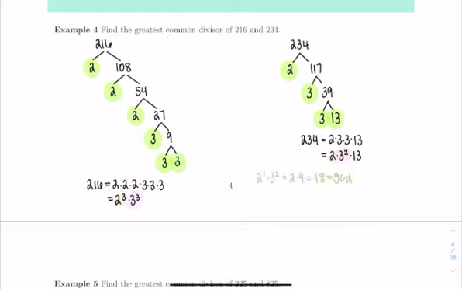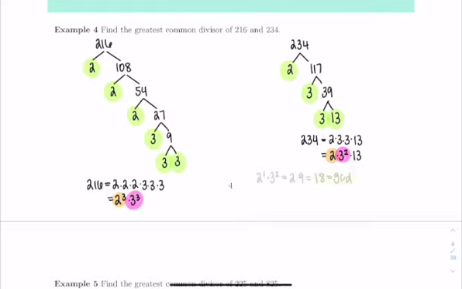Now we want to see which ones are common to both. So looking at my 2 factorizations, we have 2 that's common, and we have 3 that's common. We want to make sure that we pick the smallest exponent that's present.